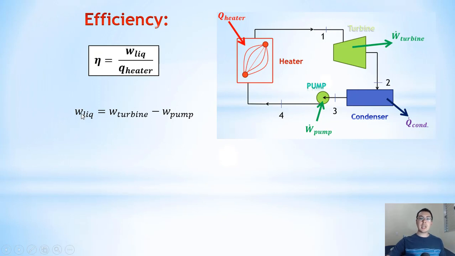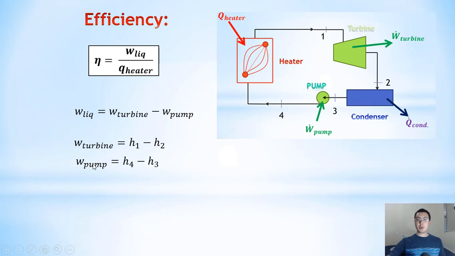So this net work will be the power produced at the turbine minus the power used at the pump. The specific work at the turbine is calculated as I told you before, the enthalpy difference between point 1 and 2.